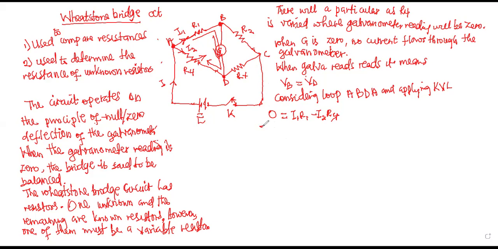Therefore, I1R1 is equal to I2R4. Take this to be equation 1. Let's consider another loop, the loop BCDB.